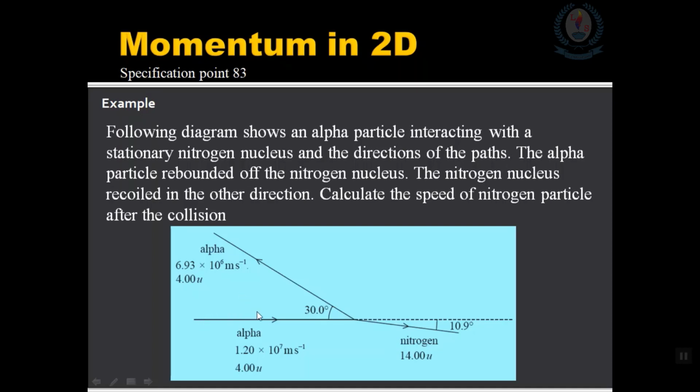That means the alpha particle is coming. Here the stationary nitrogen nucleus is there. After collision, the nitrogen nucleus travels in this way and the alpha particle travels in this way. That is the idea. Finally, we have to calculate the speed of the nitrogen particle, this one, after the collision.